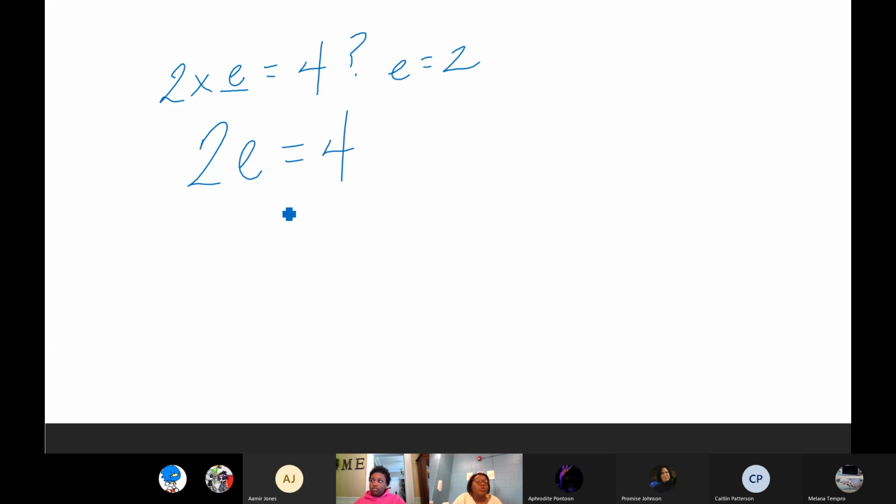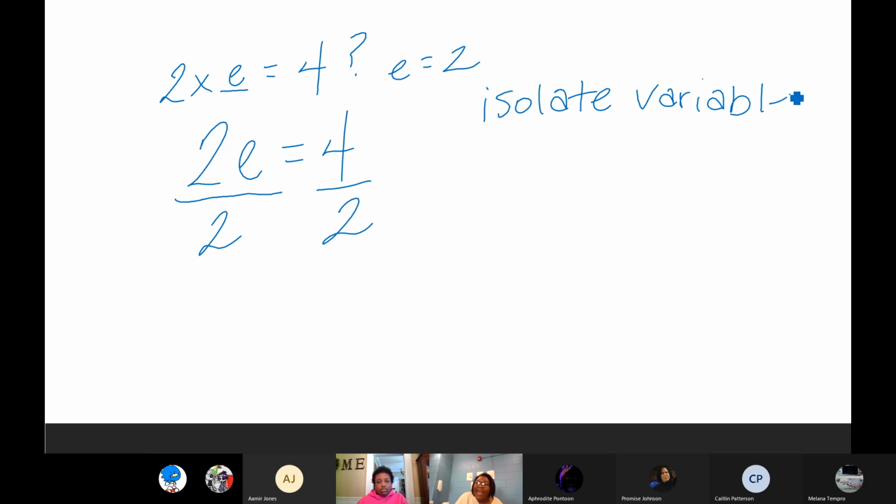But I want to take you through the steps in how to solve an equation, okay? Because you won't always have them this easy. We have to get the E alone. In other words, isolate our variable, okay?